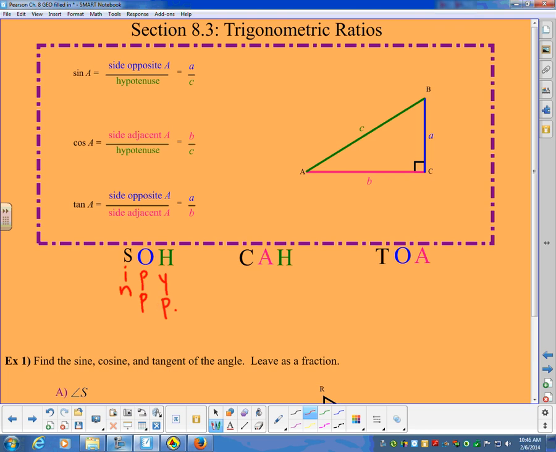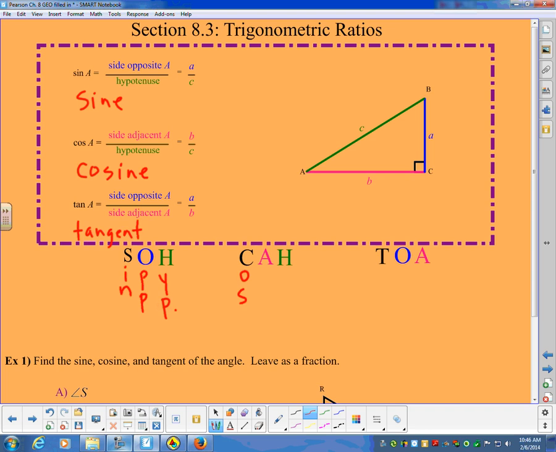What does the C stand for? It's short for cosine. And cosine is spelled C-O-S-I-N-E. Sine is S-I-N-E. And then TAN is short for tangent.